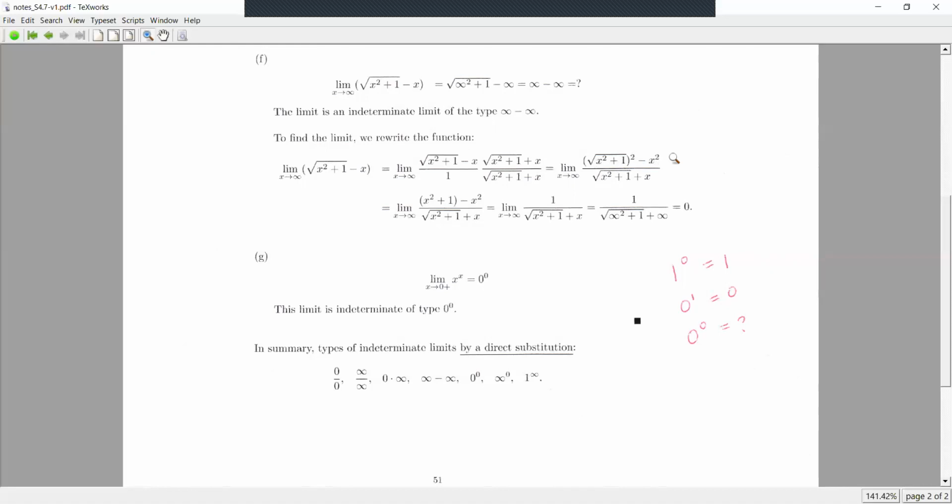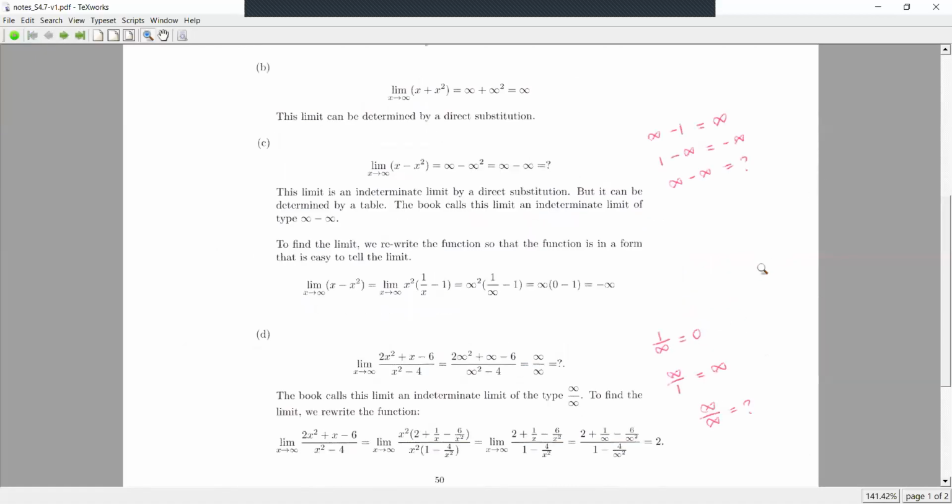This is a formula. 1 times this guy is this guy. Now simplify the numerator. Then we get numerator is 1. Now this time, when I plug in infinity in x, I can tell the limit. The limit is 1 over infinity. It is 0. This is f.